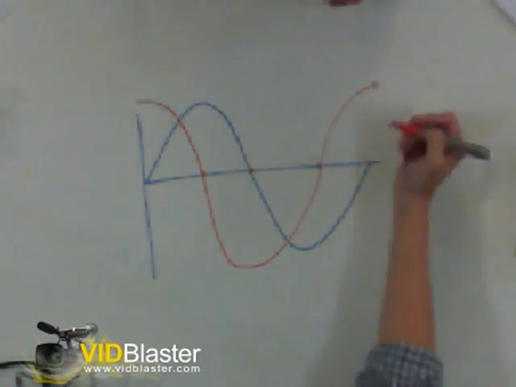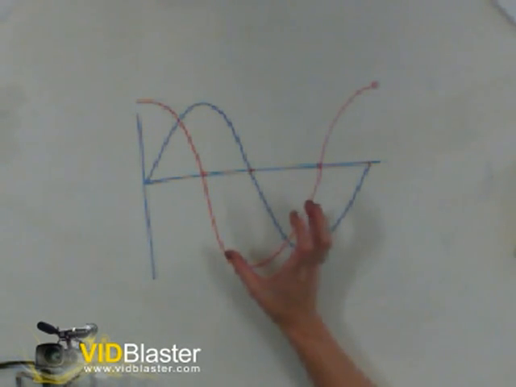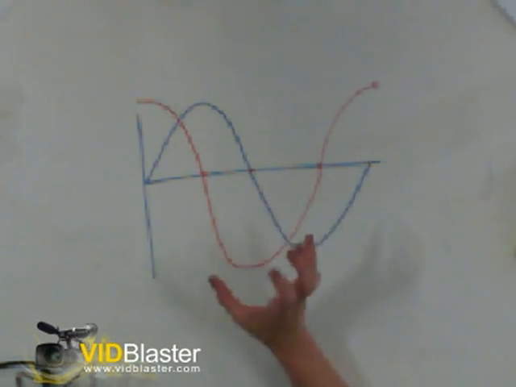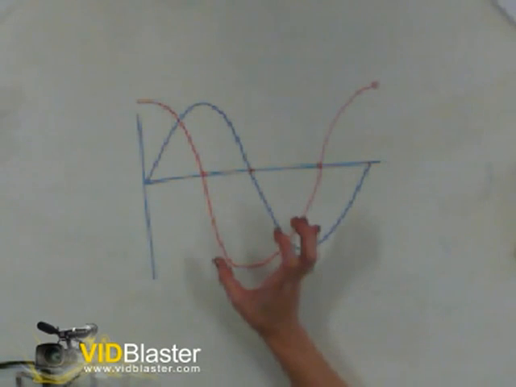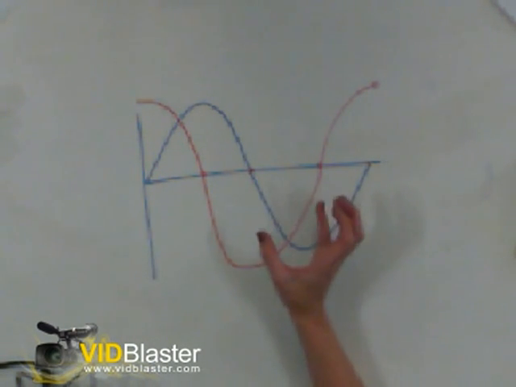Okay, so we'll use our imagination a little, that it does slightly skew. But as you can see, the sine and the cos graphs are exactly the same. The only thing that they differ by is 90 degrees. It's been shifted by 90 degrees.